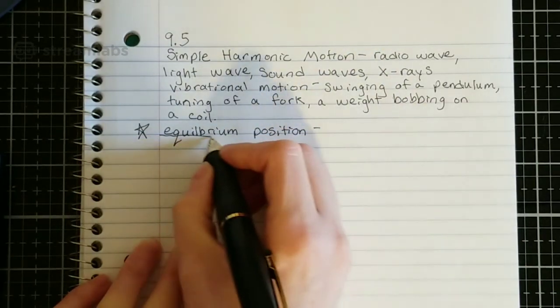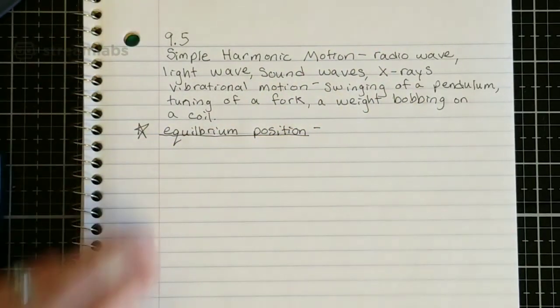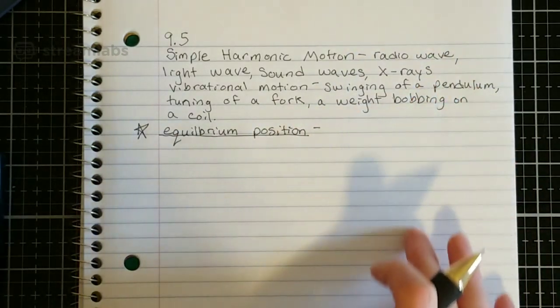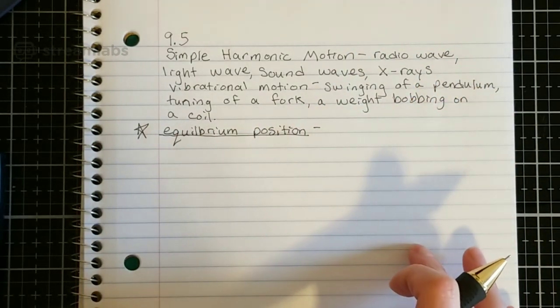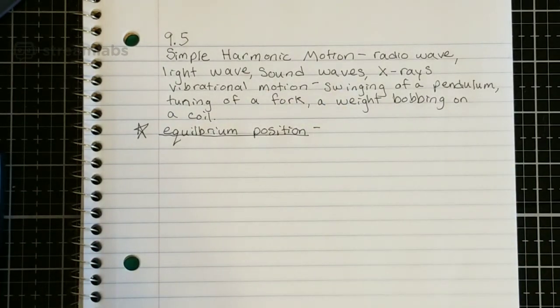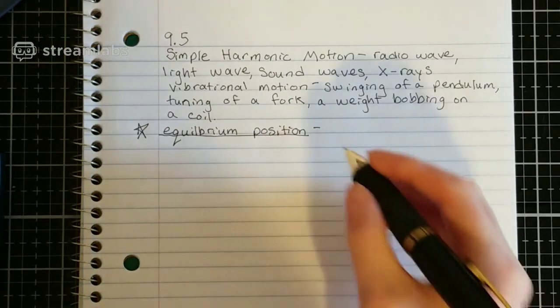And on the study guide, all it was it gave the list of definitions, and then it had an A, B, C, D choice for the words, and you just matched them. So equilibrium position, that is the rest position.